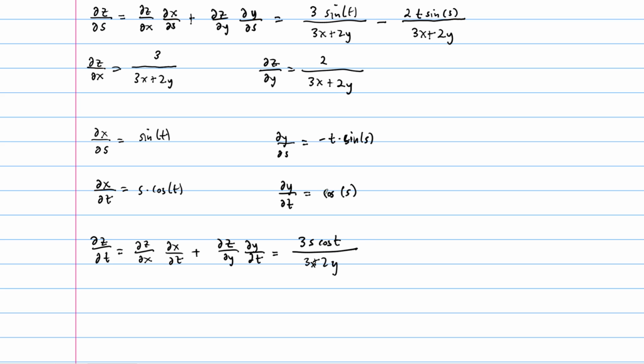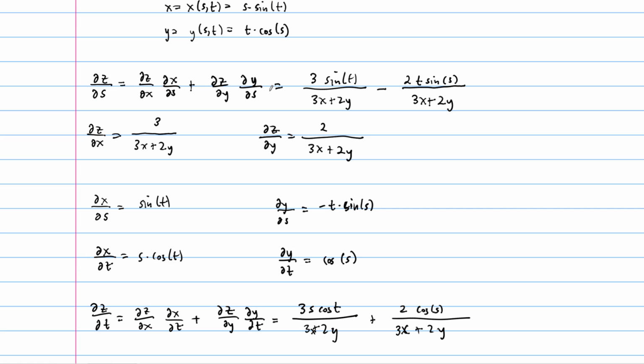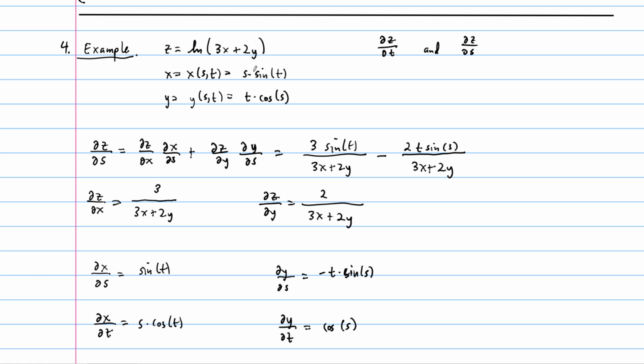And then plus, this is still going to be plus, so plus 2 cosine of s over 3x plus 2y. So it's just a matter of getting all the pieces and then putting them together in the proper order. And so there's an example of how to use the chain rule of a function of two variables for which the component functions themselves are functions of two other independent variables.